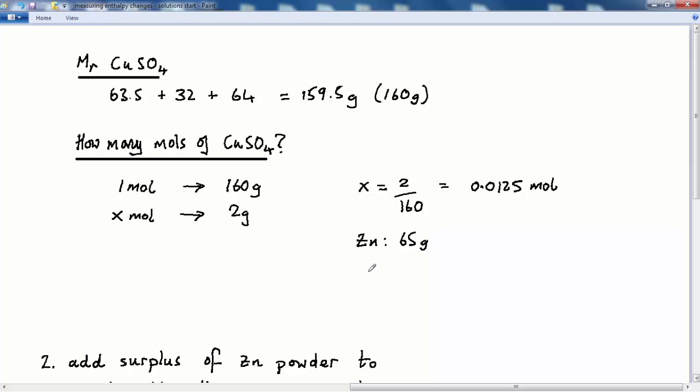So I've got to add more than 65 times 0.0125 grams of zinc to my copper sulfate solution. That comes out as 0.8125, call it 0.8 grams. So let's say we'll add a gram of zinc. I want to add surplus zinc powder, so I'll add a gram of zinc to my copper sulfate solution.